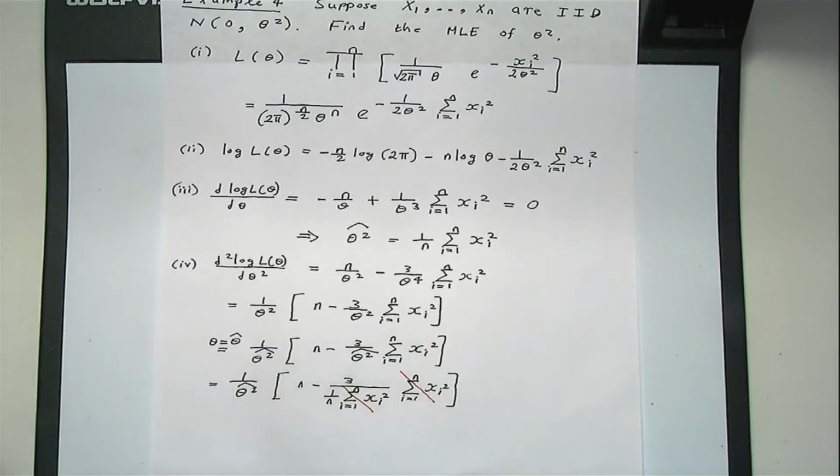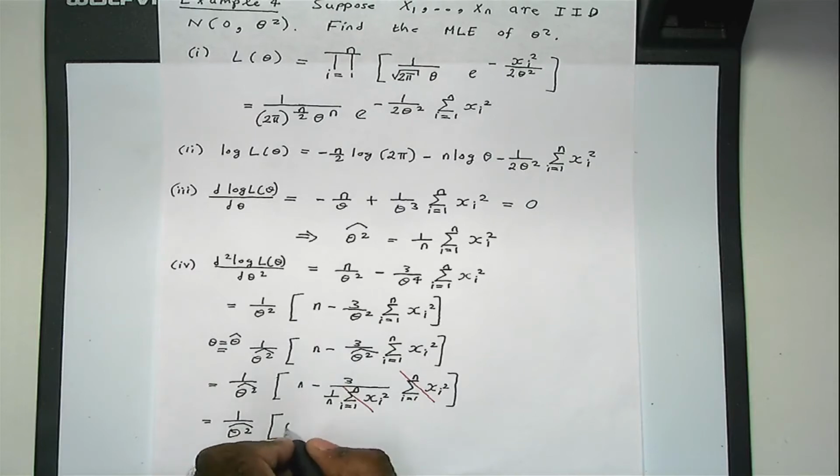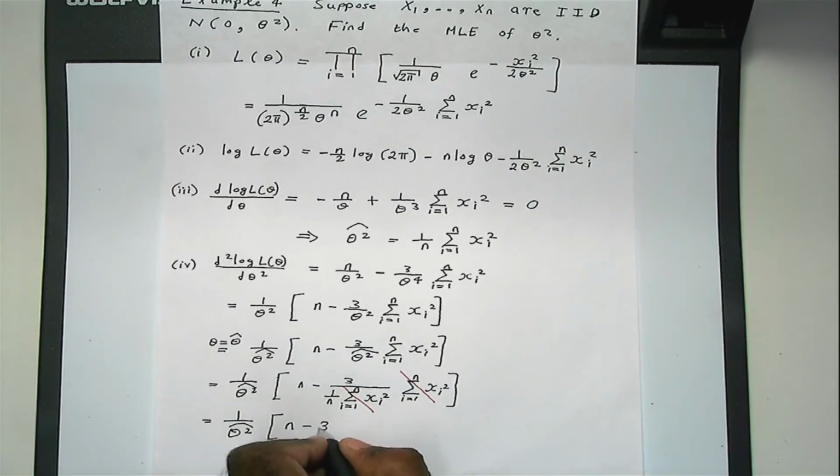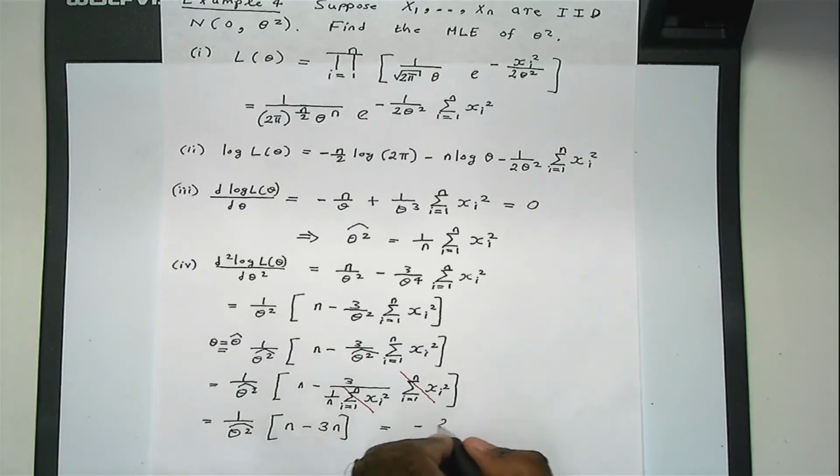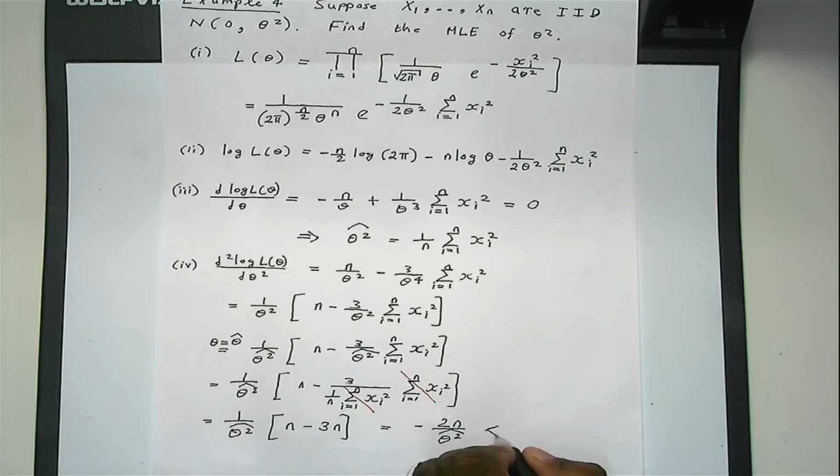So what you have is simply 1 over this times n minus 3 times n, which is equal to minus 2n divided by this, which is clearly negative.